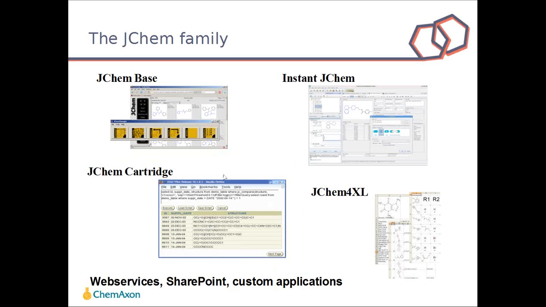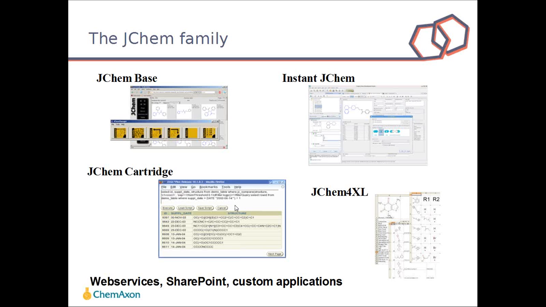You have the possibility to use JChem Cartridge. Here you can make SQL queries, and within these SQL queries you can use ChemAxon specified JChem Cartridge operations, for example this GC compare, and through these operations chemical intelligence can be introduced in otherwise usual SQL queries.